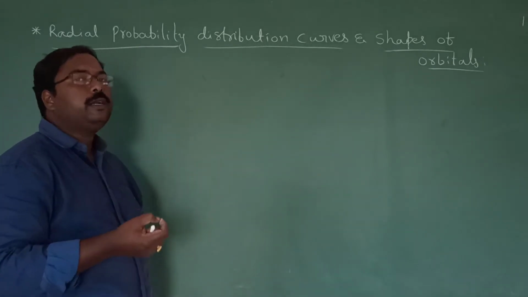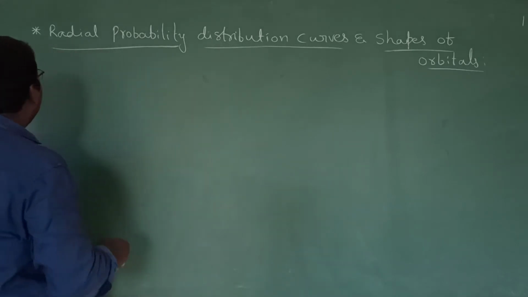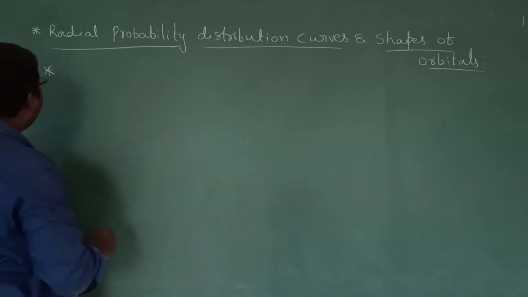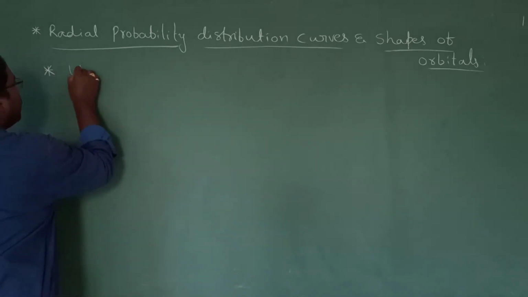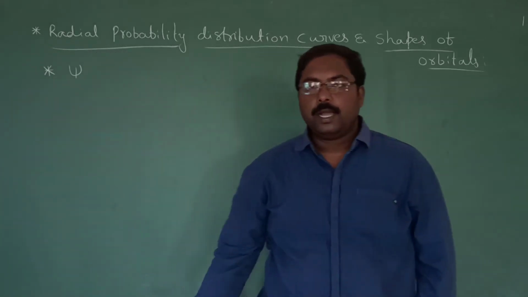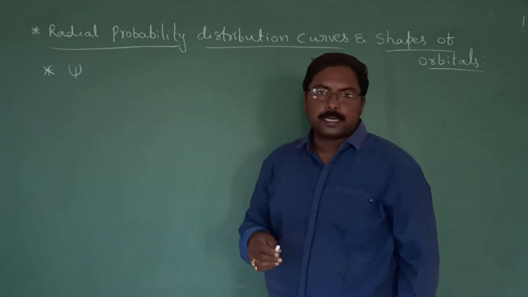These curves are nothing but graphs that we are going to discuss. Before discussing these graphs, first we should know terms like psi and what it represents. We already discussed this, and even the significance of psi.